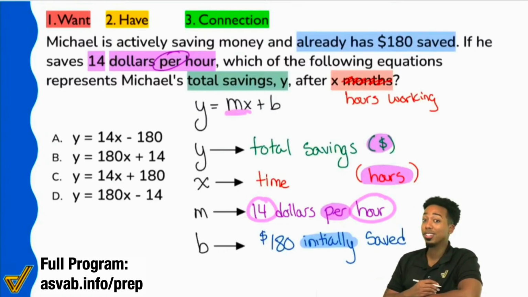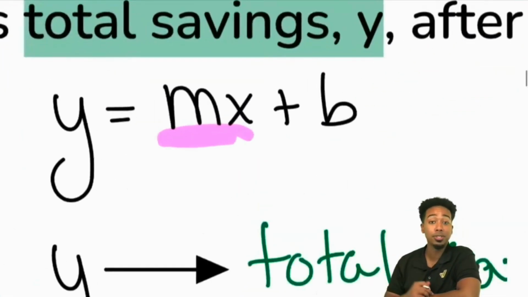So have you ever heard of distance equals rate times time? Let me just be very, very honest with you. If you like distance rate problems, like distance equals rate times time, this is literally distance equals rate times time. This is basically distance equals rate times time plus the distance that was already there.